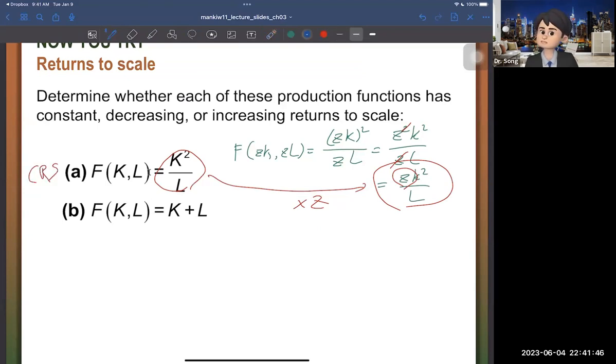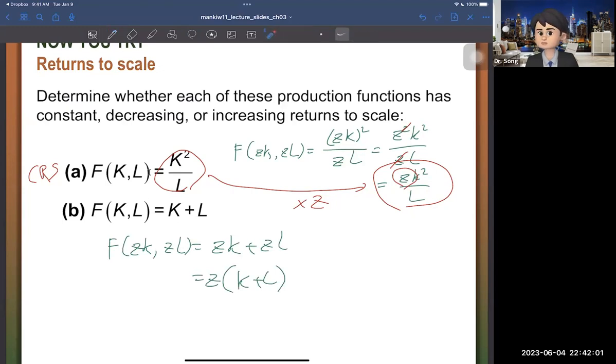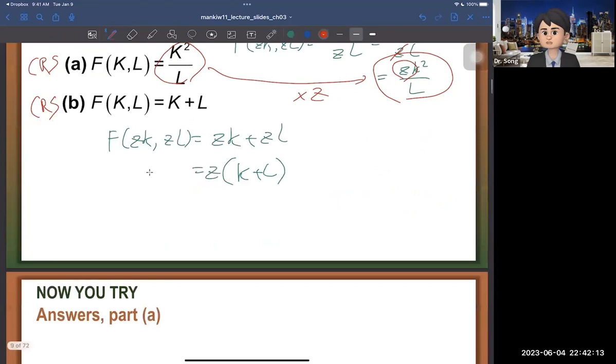So you do the same thing for question B. You replace K with ZK, L with ZL, and then see what happened to the output. Well, you pull the Z outside of the parentheses, then what happened? The output is also multiplied by Z. That means this also represents constant returns to scale. Okay? That's how you play with returns to scale. All right, so move on.